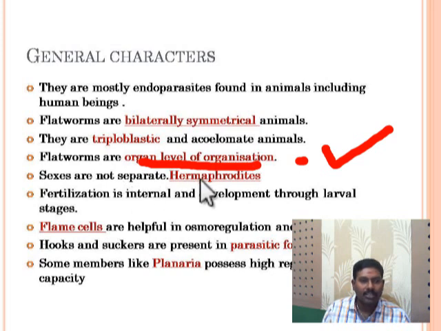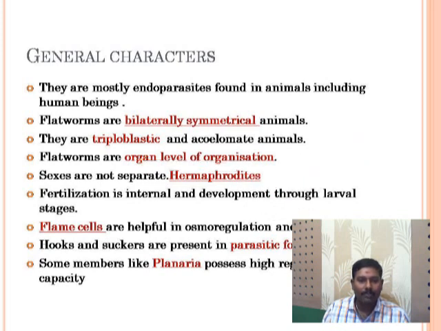Here the sexes are also not separate, hermaphrodite, that is male and female organs present in the same individual. Fertilization is internal and development is through larval stages. Internal means fertilization will take place within the body.